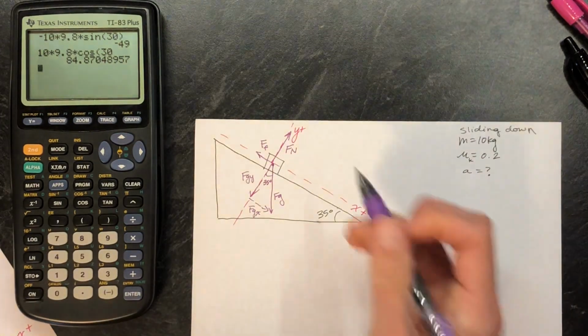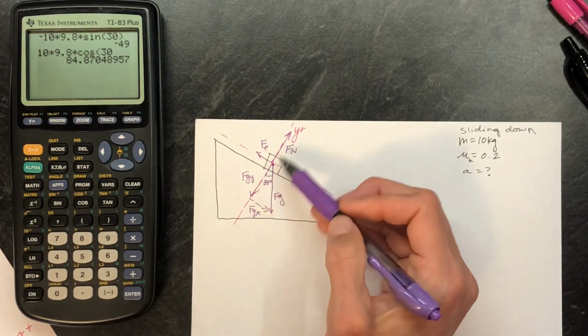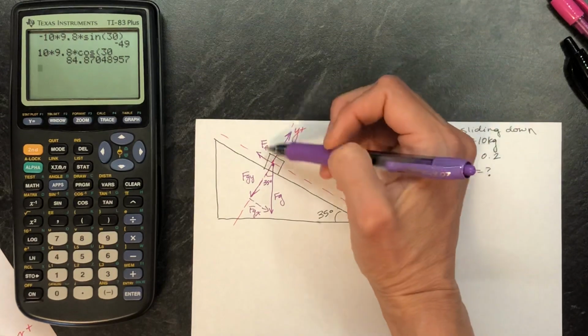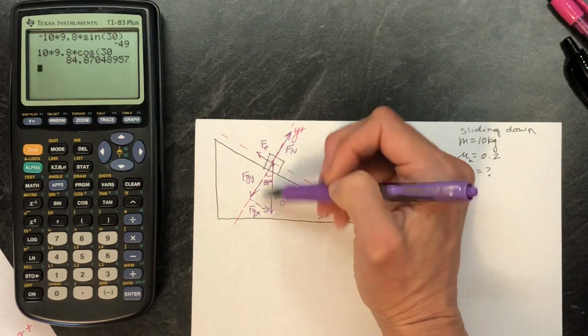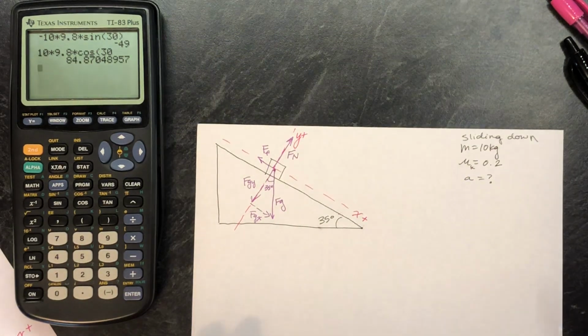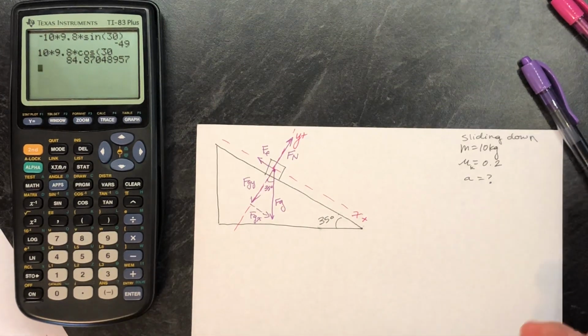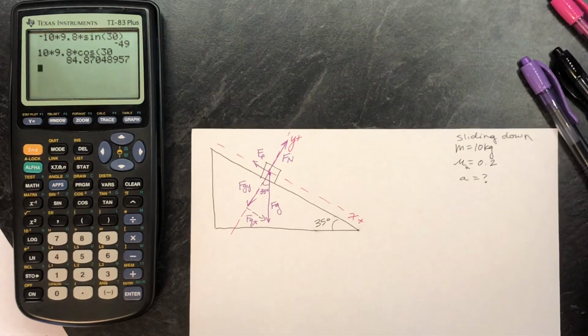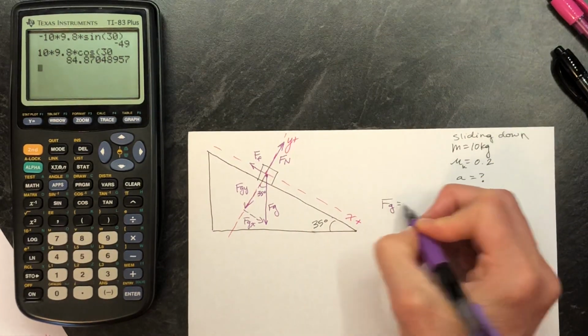And some things you should notice, the force of gravity in the y direction and the normal force are equal in magnitude. And then the force of friction acting up and the force of gravity in the x direction should be unequal because it's accelerating in that direction. So now we need to split gravity into components and write net force equations. So let's just split gravity into components here.